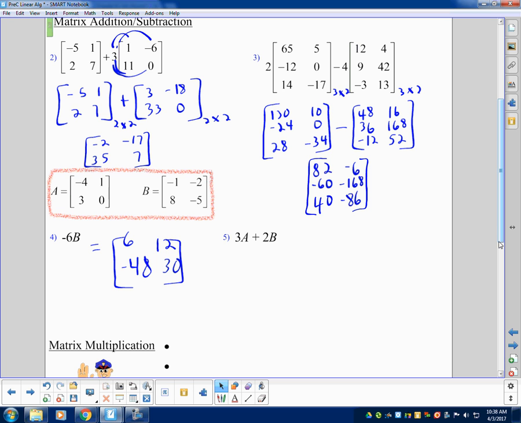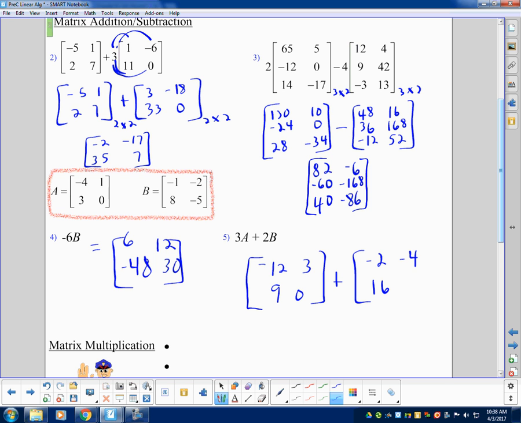3A plus 2B would mean to multiply 3 by each element of A, which is negative 12, 3, 9, and 0. And then multiply 2 times each element of B, which is negative 2, negative 4, 16, and negative 10. And then go ahead and add the two matrices together, component-wise.